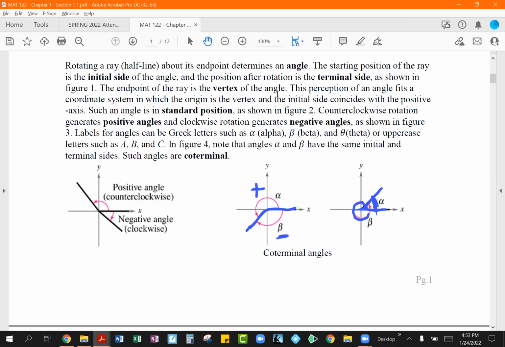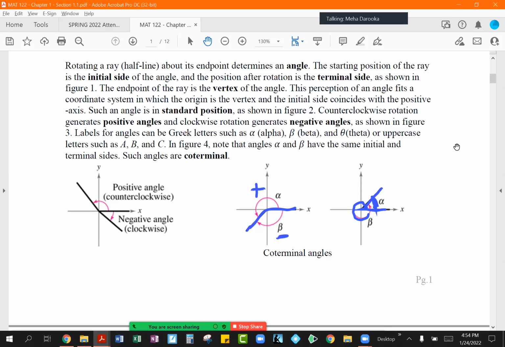So you can have positive and negative angles, or you can end up with two positive, or for that matter, two negative angles. So that's your coterminal. Just remember the direction of the angles is really important, and you will see questions on this in your homework assignment.